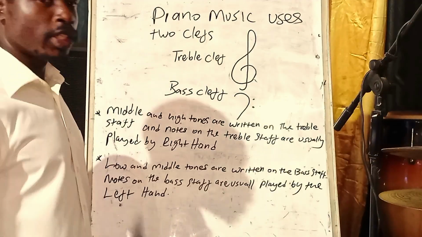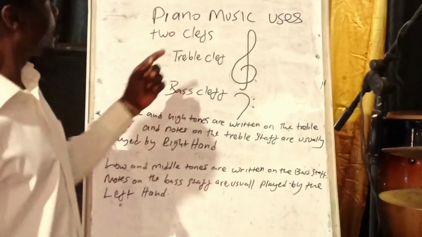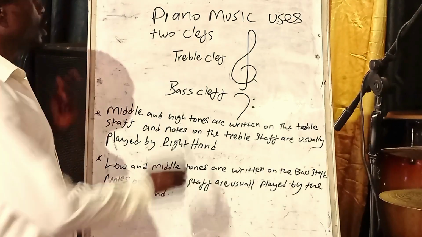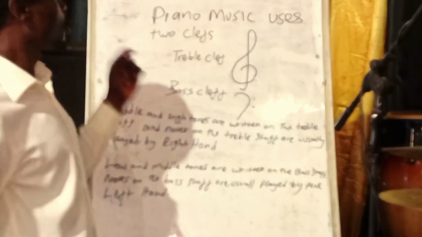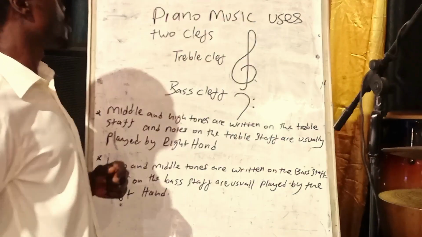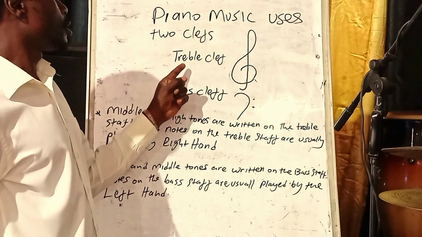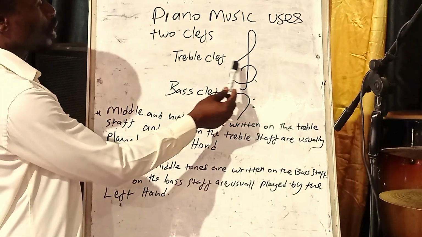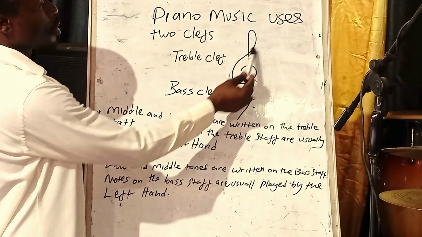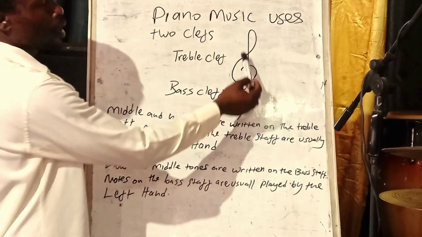So let's continue. As you can see, I've written here, piano music uses 2 clefs. One is the treble clef, which looks like this.